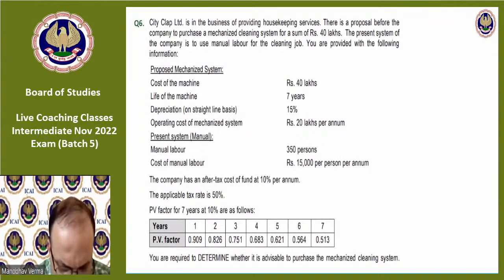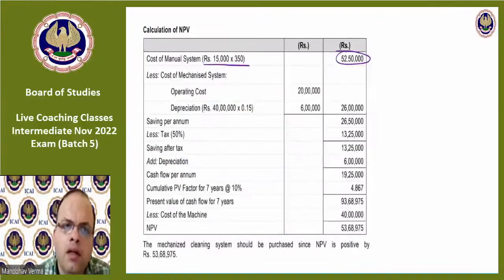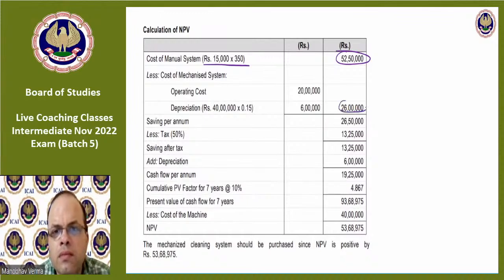Can anyone tell me? 20 lakhs plus depreciation of 6 lakhs, 26. So we're talking about the cost of the mechanized system. Hence, there is a savings per annum of 26 lakh 50,000.